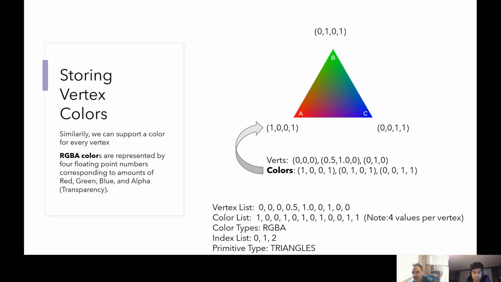For the color list, it would be 9, 10, 11, 12. We just use a multiple to know that there are 4 values per vertex. So how do we pick out whichever vertex we need in that list? We multiply the number of values per vertex times the index item, 0, 1, or 2, and we end up with the right set of values corresponding to the right set of values in the vertex list.